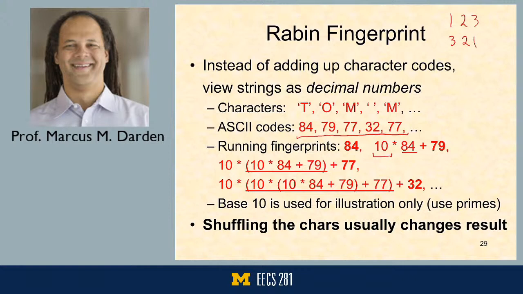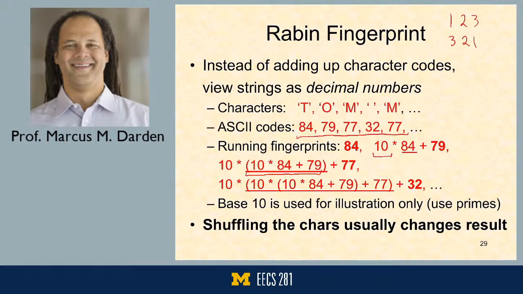I can take a value, 84, and as I add the next character O to it, all I have to do is multiply my current value, which is in this case just 84, by 10 and add 79. That's my new fingerprint of TO. Then to get the fingerprint of TOM, all I have to do is multiply the fingerprint of TO by 10 and add the next character. And so that's how this fingerprint works.